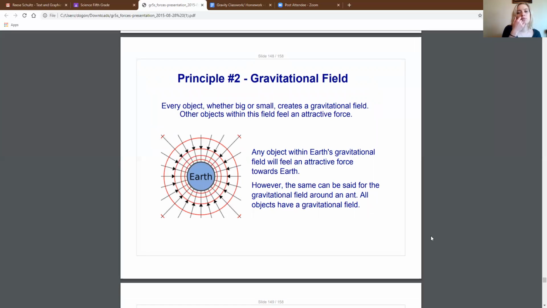All right, let's look at principle number 2. This is where Newton talks about the gravitational field, okay? So every object, whether big or small, creates a gravitational field. Other objects within the field can feel an attractive force, okay?